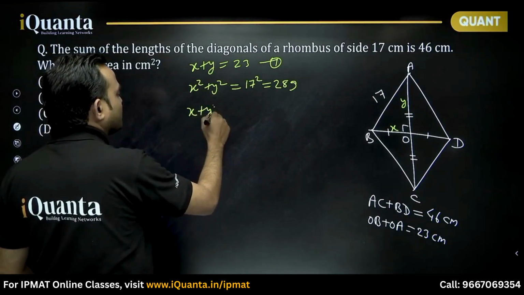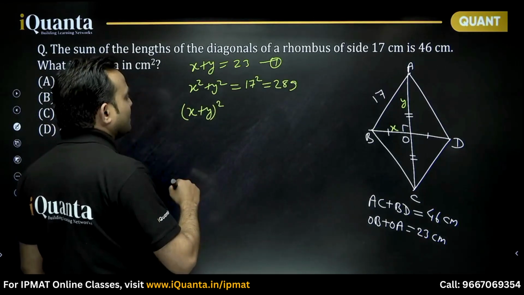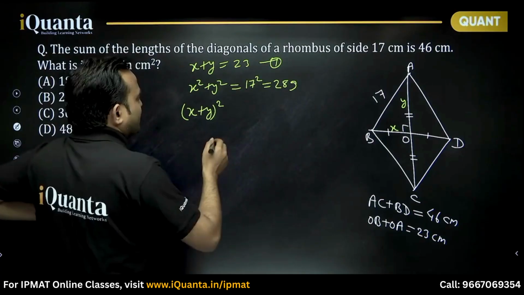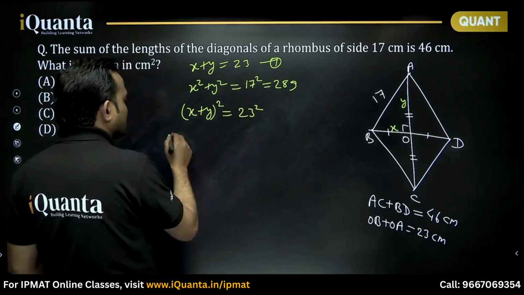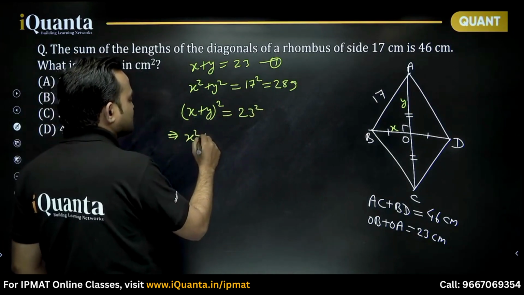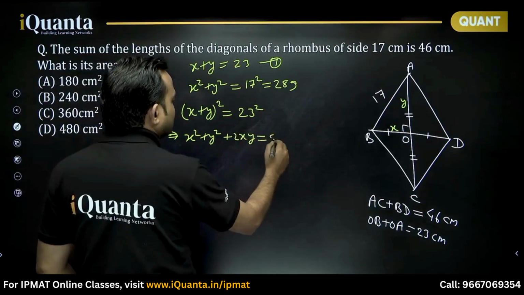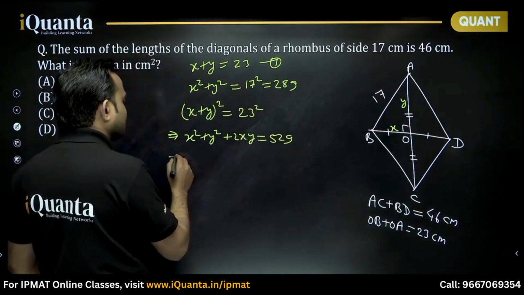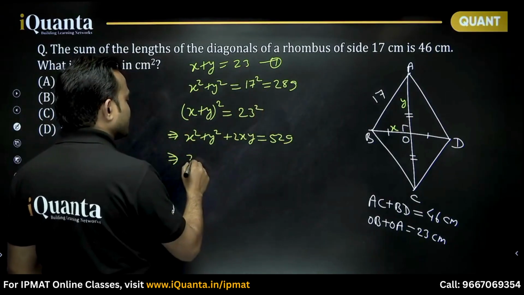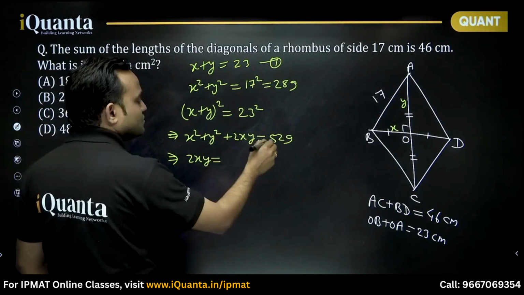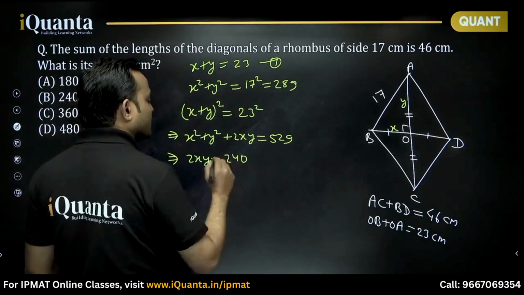So x plus y whole square is nothing but 23 square, or we can say that x square plus y square plus 2xy is equal to 529. X square plus y square is 289. So we can say 2xy is equal to 529 minus 289, which is equal to 240.